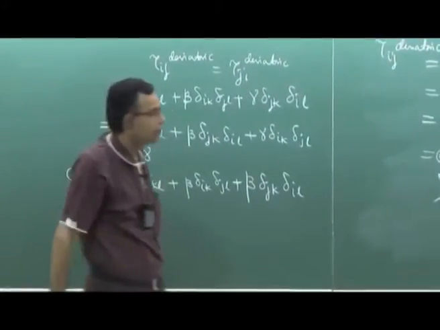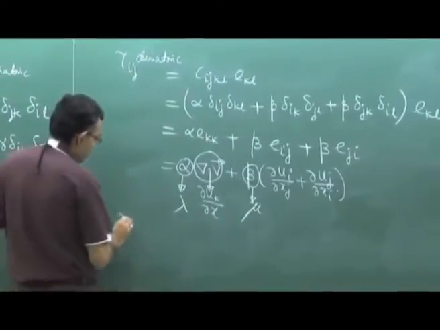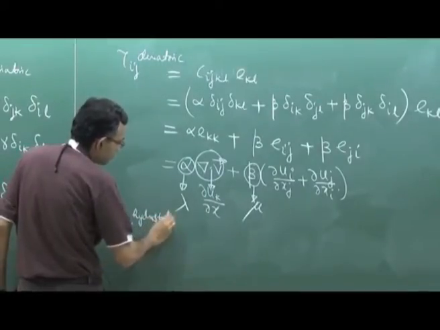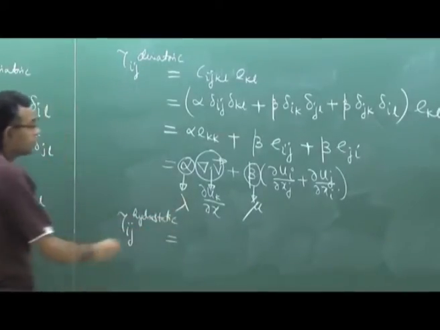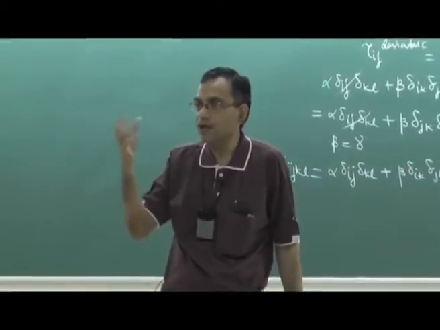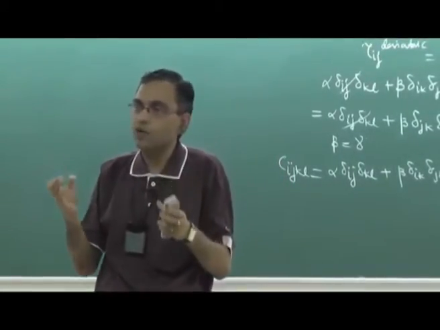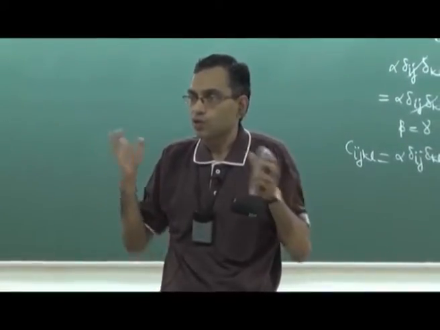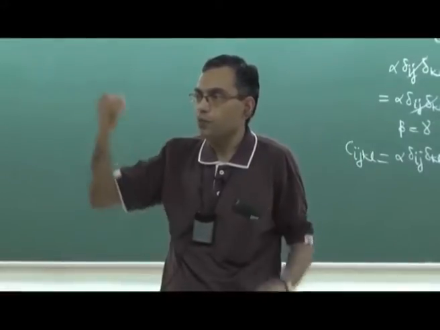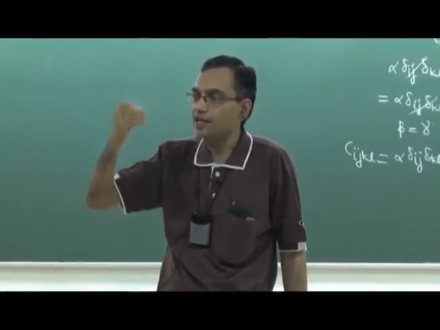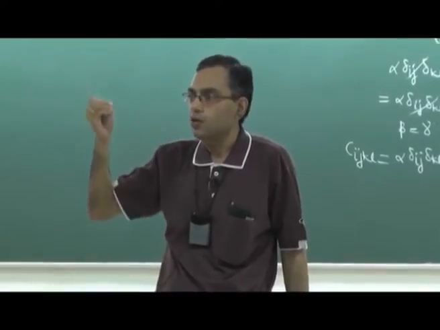Okay. So this is tau ij deviatoric. What is tau ij hydrostatic? Hydrostatic stress is due to the pressure acting on the fluid element, because the hydrostatic stress is the only component of stress when the fluid is at rest. So if the fluid is at rest, the component of stress acting on it is the normal component of stress, and that normal stress is minus P. Why is it minus P?